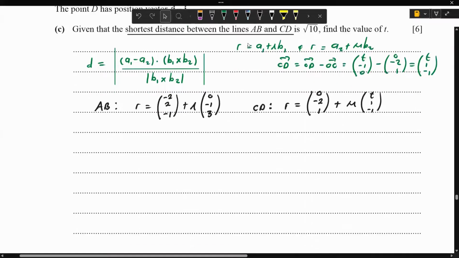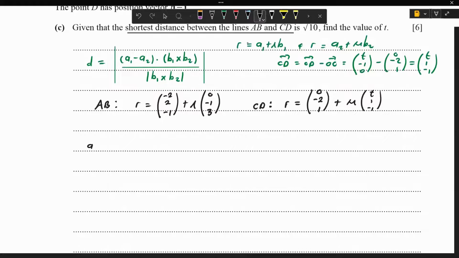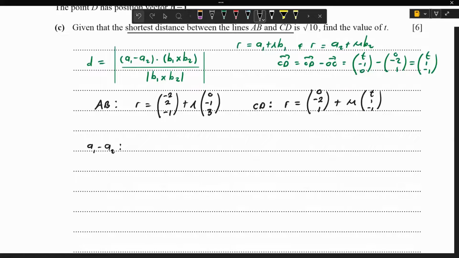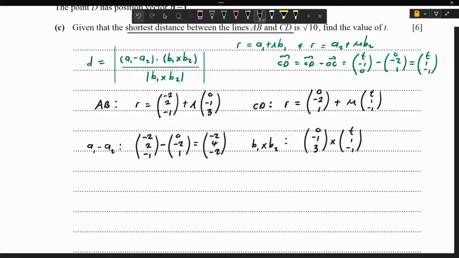All right. So we can now say for a1 minus a2, that's (minus 2, 2, minus 1) minus (0, minus 2, 1), and that gives us minus 2, 4, and minus 2. Then for b1 cross b2, this is b1, that's 0, minus 1, 3, cross t, 1, minus 1.